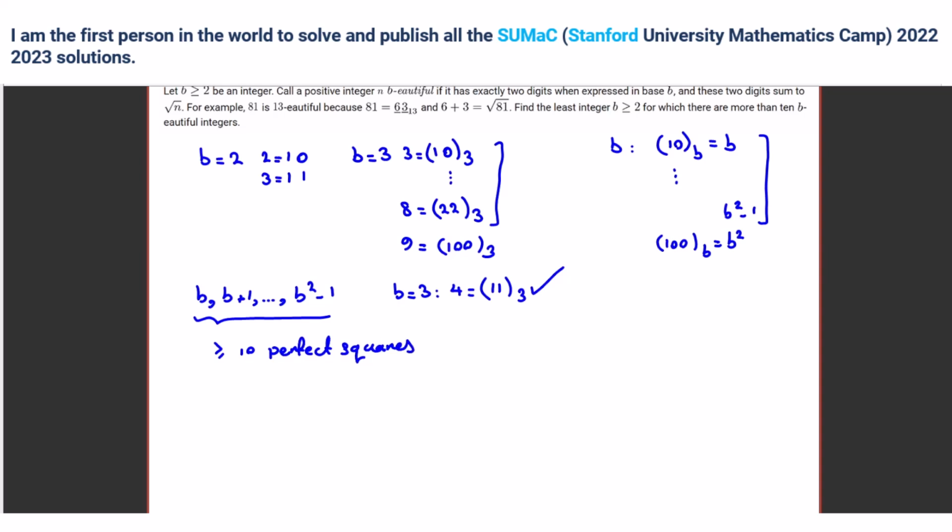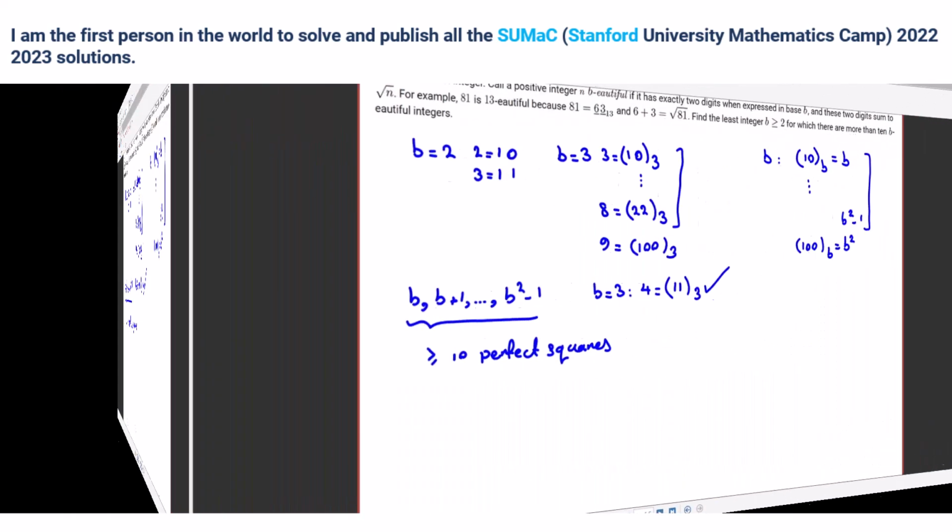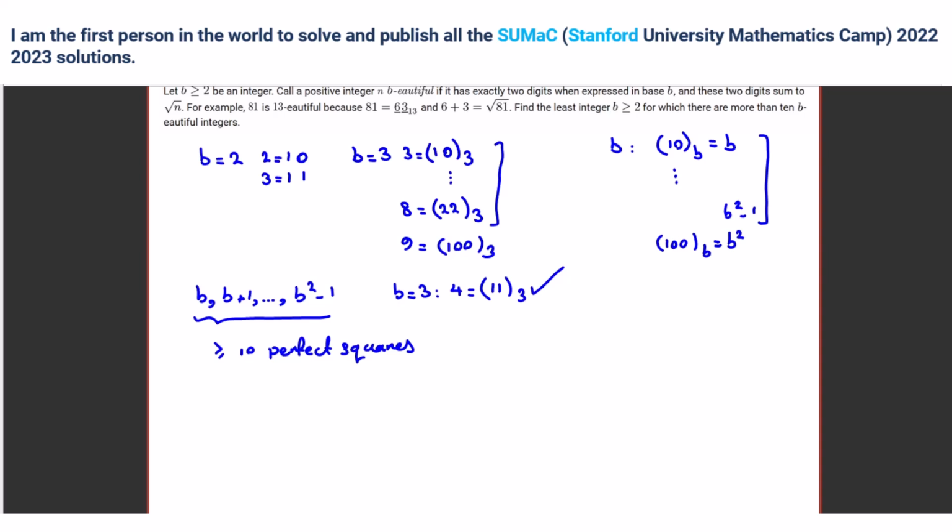This one b equals 14. The minimum b is 14. Actually, let me check if it's minimum though. Yeah, I think it is the minimum.